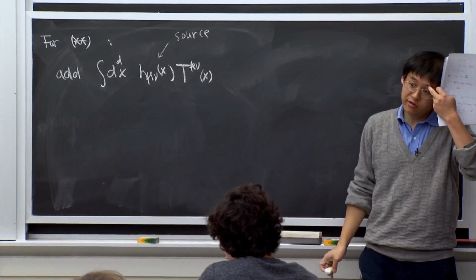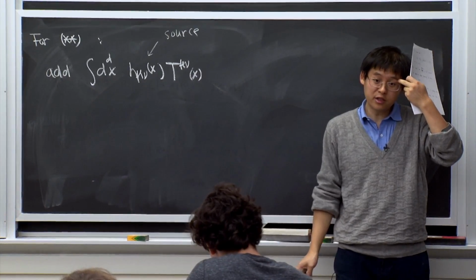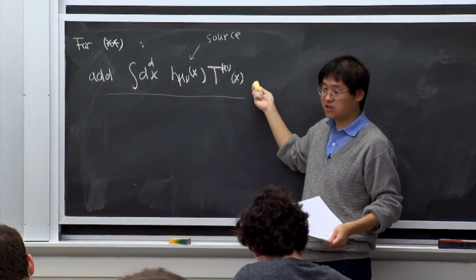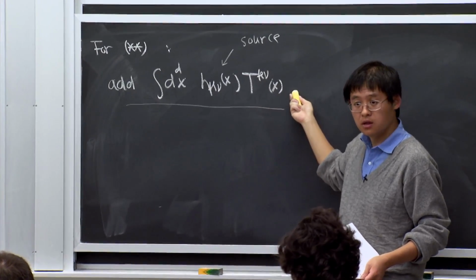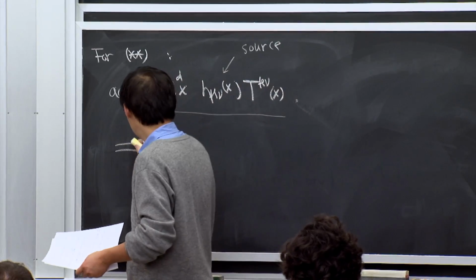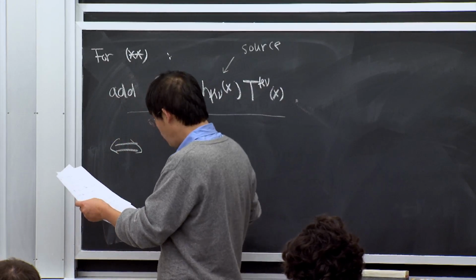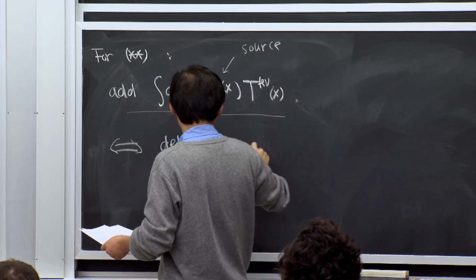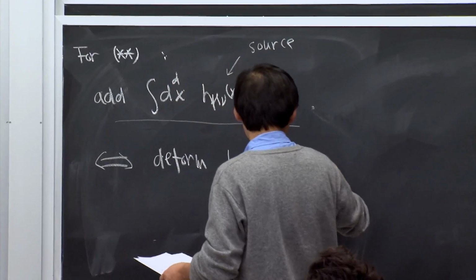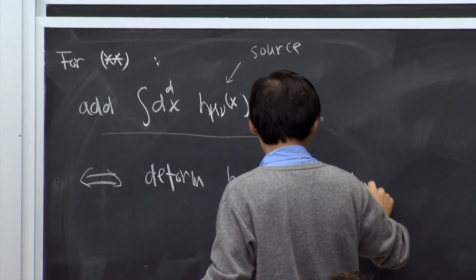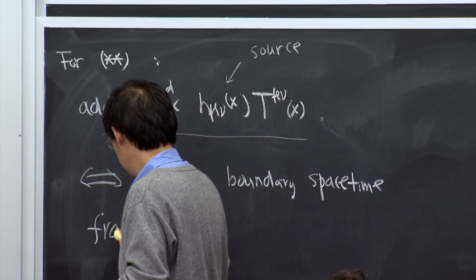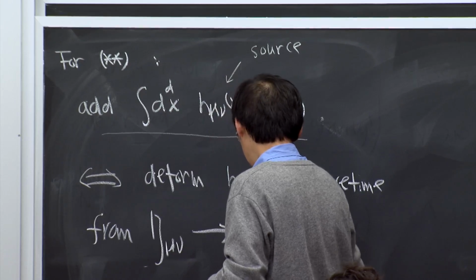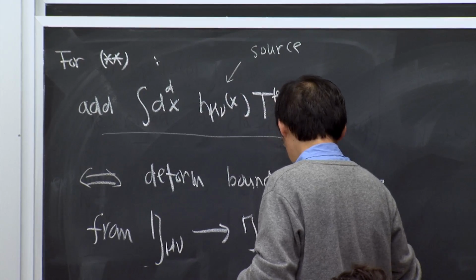And now, from your knowledge of quantum field theory, when I add such a term to the field theory, it is equivalent to deforming the boundary spacetime metric from just eta_mu nu to eta_mu nu plus h_mu nu.